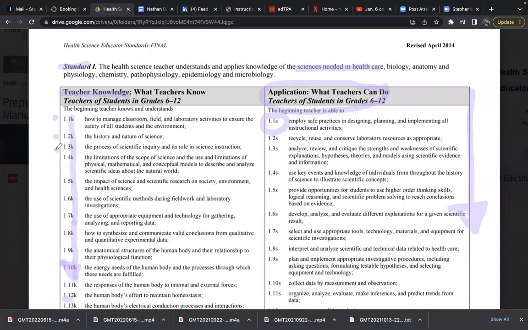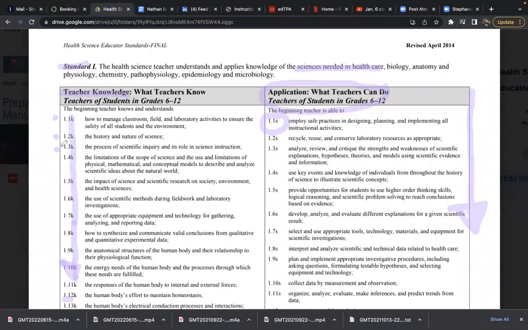because you are going to be assessing your own knowledge. I don't know if you know the process of scientific inquiry and its role in instruction. I hope that you do. I'm sure that you do based on your scores and how well you did with the other science portion of it. But knowing the different parts of the scientific process, and how we begin with a hypothesis and how we construct theories and models based on this process of inquiry.